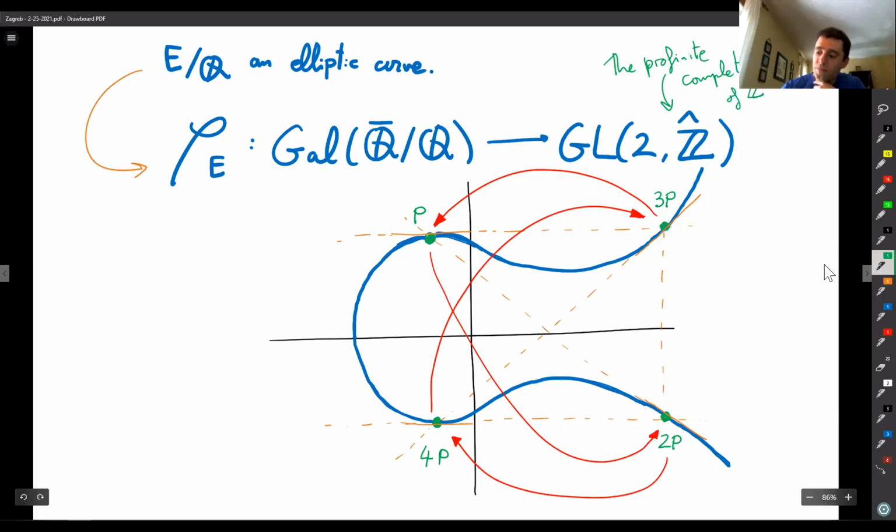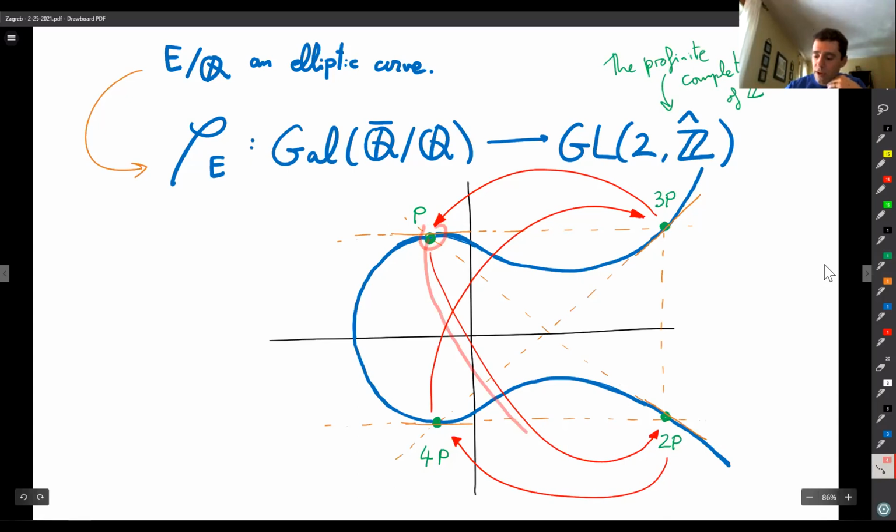And what that Galois representation encodes is all the information we have about how the absolute Galois group acts on points. So in the picture, there is an elliptic curve, P is a point of order 5, and the lines in red are meant to indicate an action of Galois.